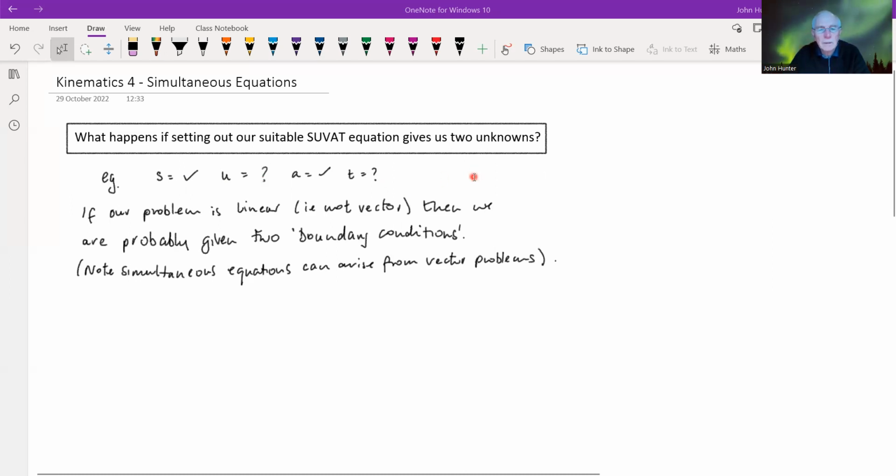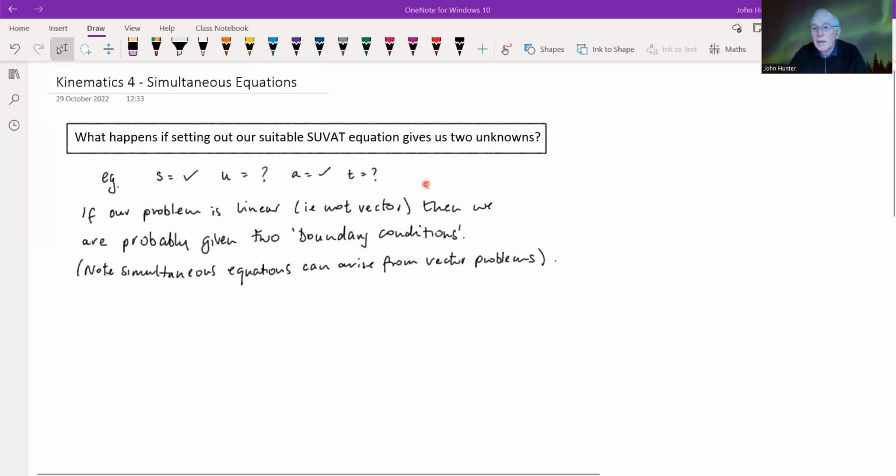Well, usually, well, always, with these kinds of problems, if there are two unknowns, they will be given two sets of conditions. So we'll be given some more information, which allows us to form another equation. This looks like s equals ut plus half at squared, doesn't it?